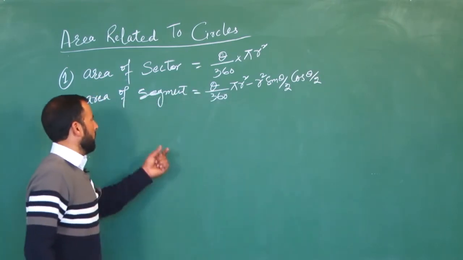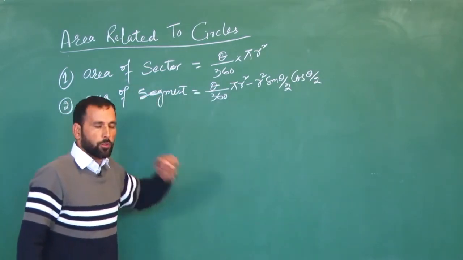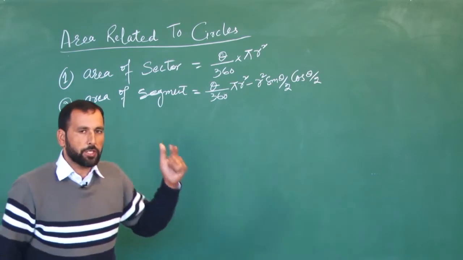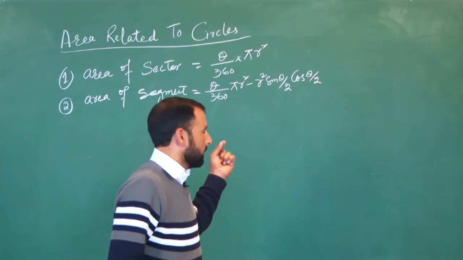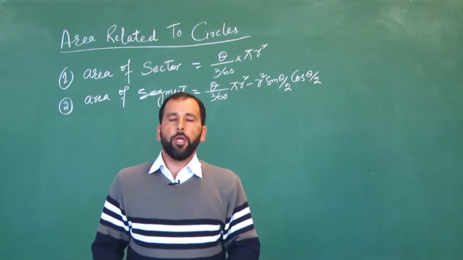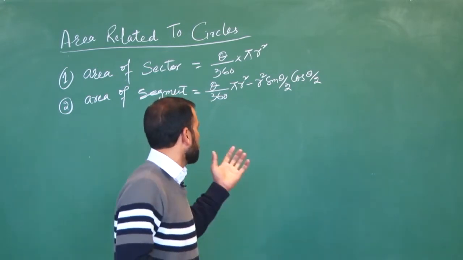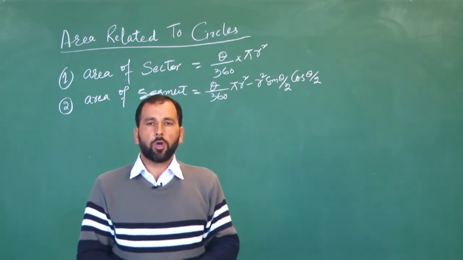We have done in the earlier lecture how to find the area of a sector, that is theta divided by 360 into pi r squared, and the area of the segment, that is theta divided by 360 into pi r squared minus r squared sine theta by 2 cos theta by 2.